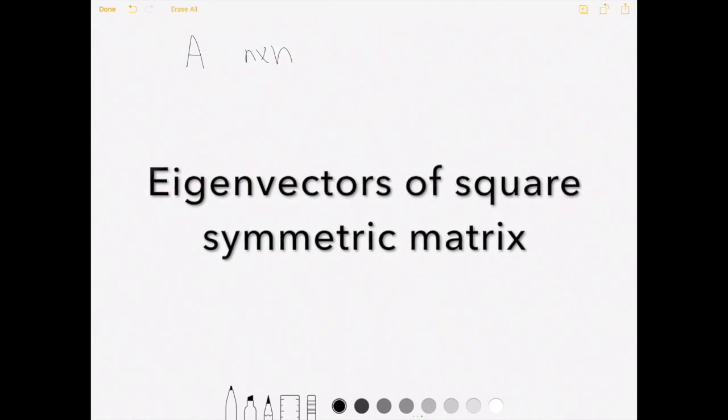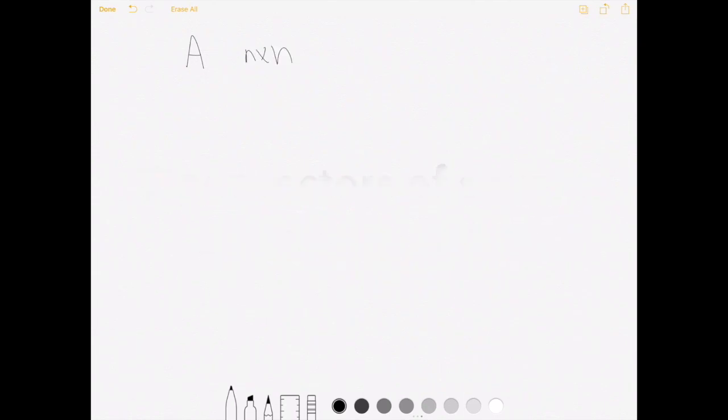So there's a nice result around matrices A that are square and symmetric. Square means the matrix is n by n. Symmetric means that the transpose of the matrix looks the same as the matrix itself.